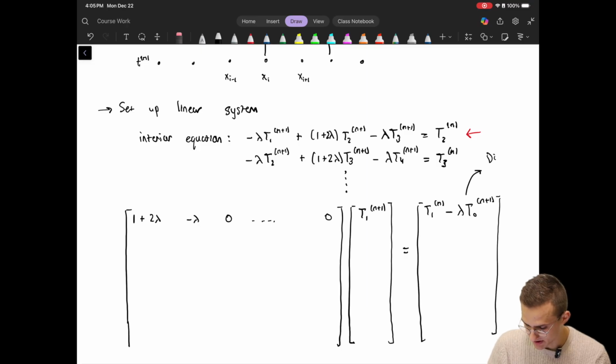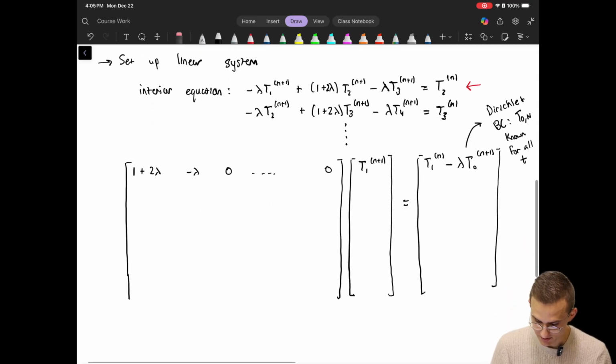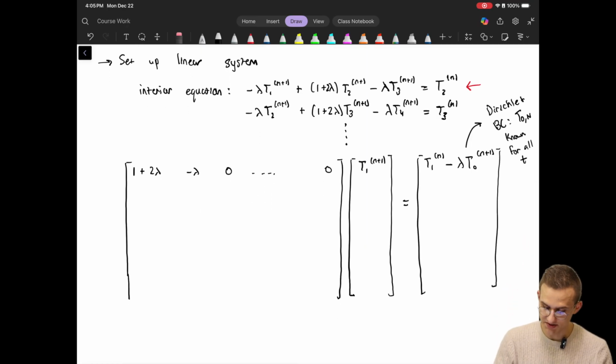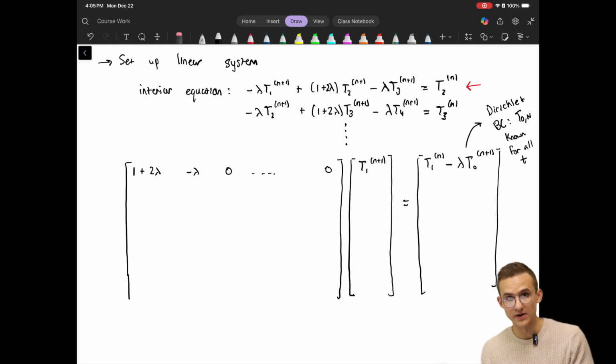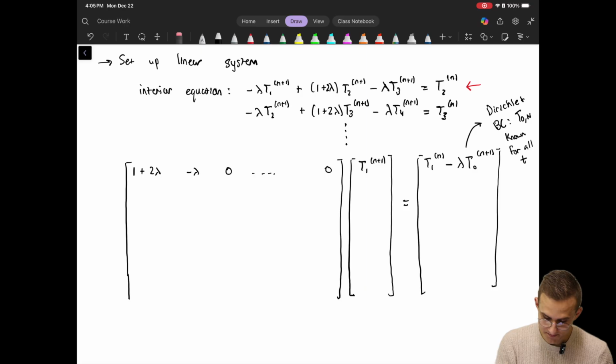For this problem we have a Dirichlet boundary condition, which is that t naught and tn are known for all time. Right, so that t naught value is just a constant value. We don't even need to put a superscript on it. So we can happily move t naught at time step n plus 1 over to the right hand side because we know what that value is going to be at time step n plus 1.